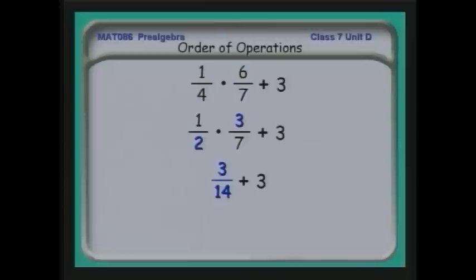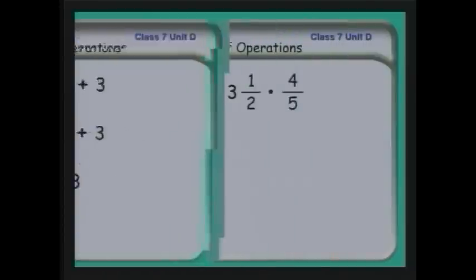That gives me 3/14 plus 3. That can be expressed as the mixed number 3 3/14. As you see, you need to take this just step by step and do it according to our schedule for the order of operations.